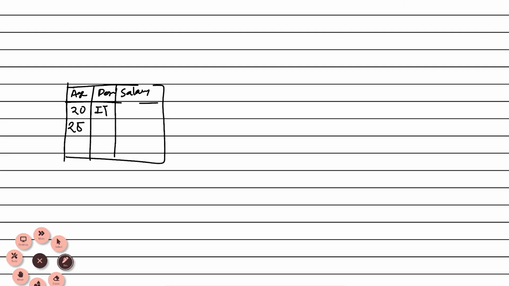So maybe this is 20,000 per month. 25, maybe this is the accounts. They are drawing 30,000 of salary. Another case is let's say 27, and they are also part of IT and drawing a salary of let's say 40,000.